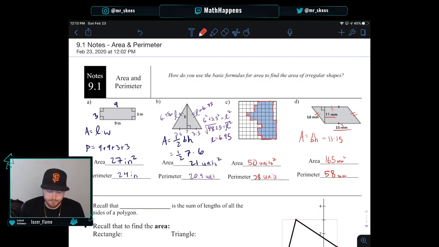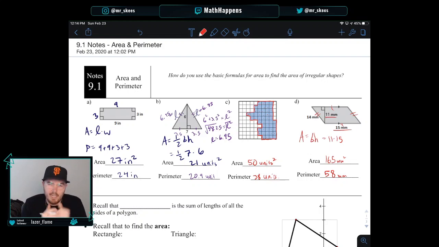Okay, so that might have felt a little extra, right? Hopefully we're pretty comfortable with area and perimeter. That's a pretty fundamental thing.